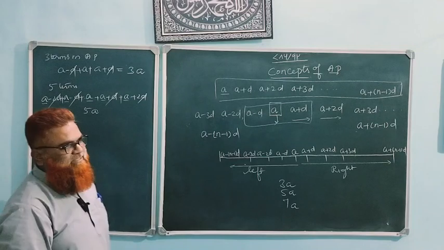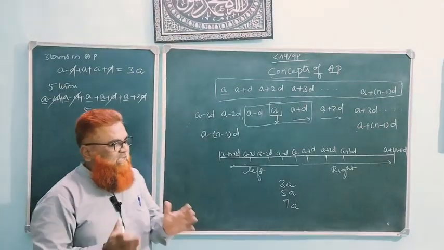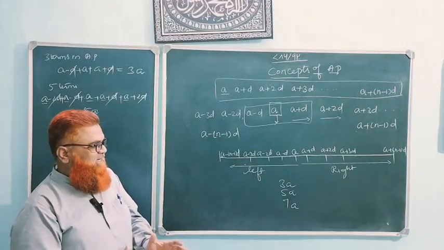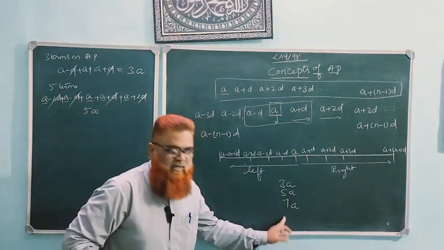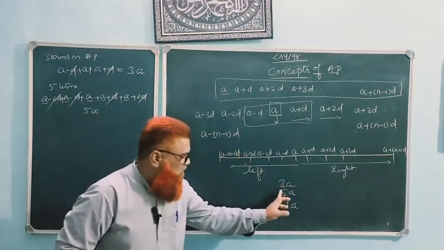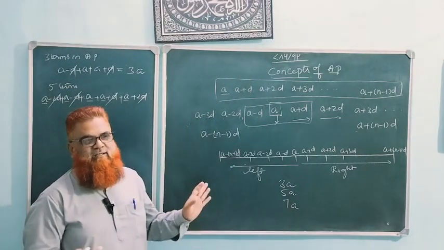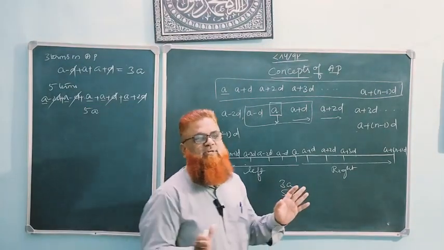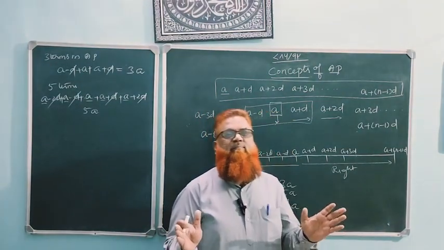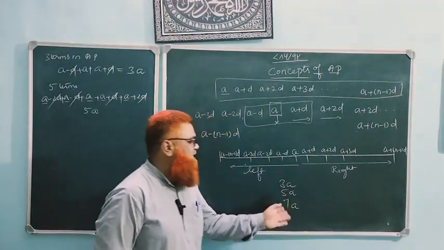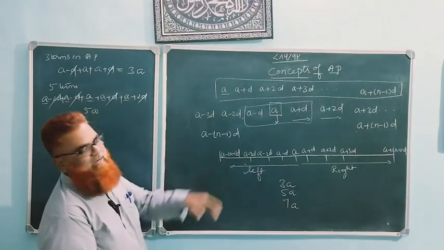So it represents only A. For 3 terms, A minus D, A, A plus D, it is 3A. For 5 terms, A minus 2D, A minus D, A, A plus D, A plus 2D, it is 5A, then 7A and so on.